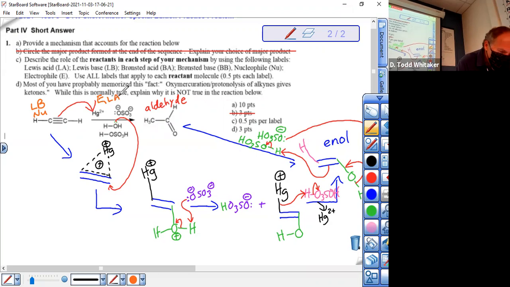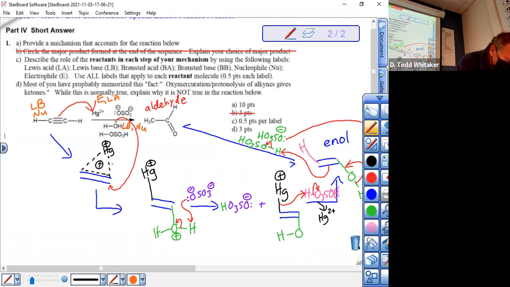If it attacks a proton, the lubnu is also a Bronsted base. It did not attack a proton. Do not put any Bronsted on these labels. Similarly, for the next step, the originator of the arrow is a lubnu. It's water.